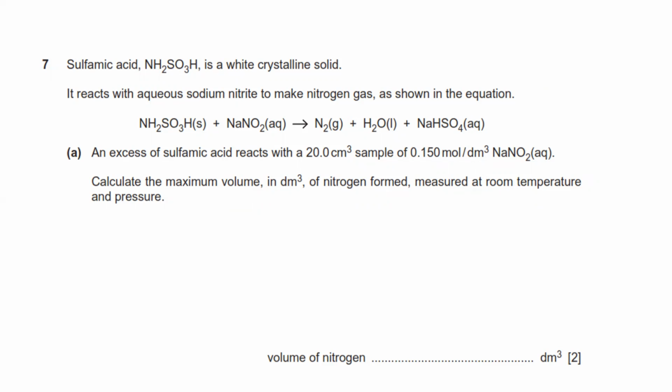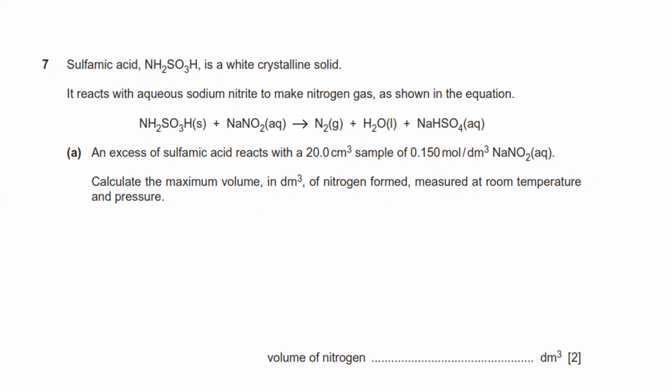Okay, so this is the equation that is given. The excess of sulfamic acid reacts with a 20 cm³ sample of 0.15 mol per dm³ of sodium nitrite. So it says calculate the maximum volume in dm³ of nitrogen formed, measured at room temperature and pressure.